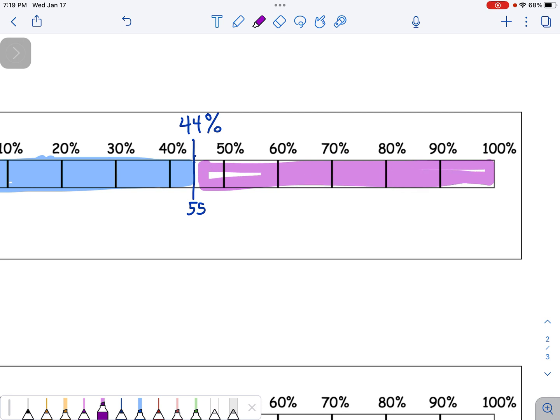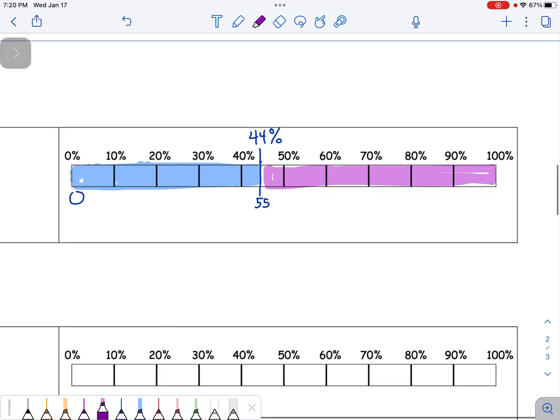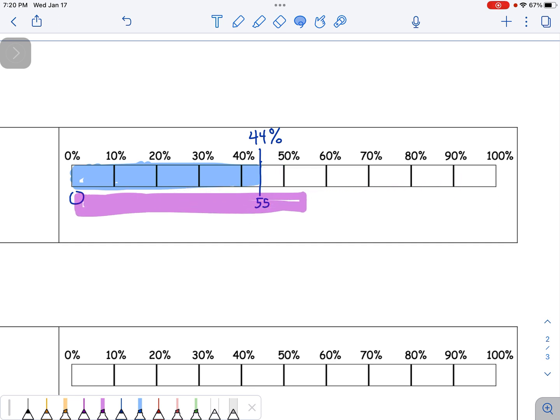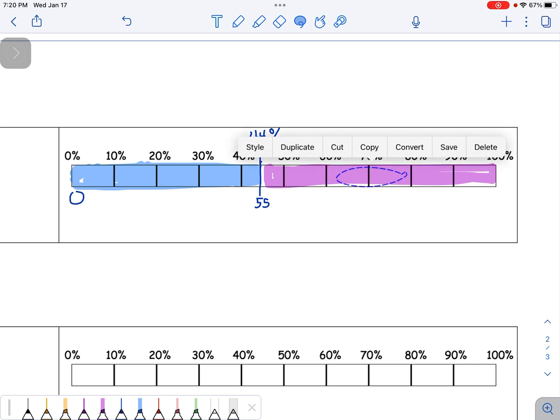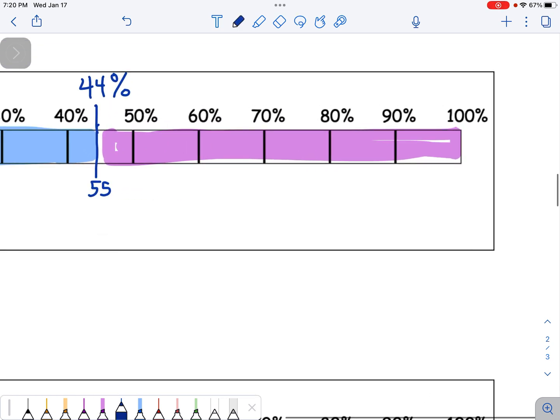In mine, on my Notability, I can literally see it. I'm going to move it. So you can see the purple chunk is bigger. So if the blue chunk is 55, then I don't know, maybe the purple chunk is 65? Okay, that seems reasonable. 55 plus 65 is 120. This is my guess, 120.